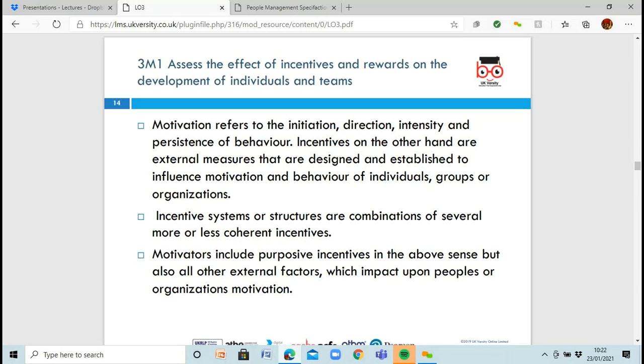An incentive is something where, if I do this task, this is what I'll get out of it. And motivators include purposive incentives. In the above sense, you've got all the external factors which can impact on people's or your own motivation and also the organization's motivation. It's motivating you to complete a certain task in a timely manner.